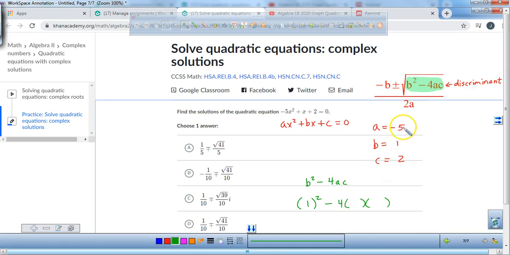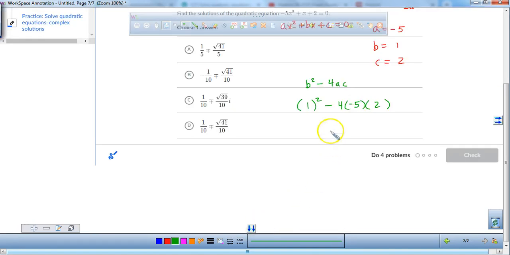Minus 4 times my a value, which is negative 5, and my c value, which is a 2. Now we have 1 squared, which is 1. We've got negative 4 times negative 5, which is positive 20, times 2 is positive 40. So we're going to take the 1 and the 40 and we're going to add it together to get a total of 41. And that right there is the value of our discriminant.